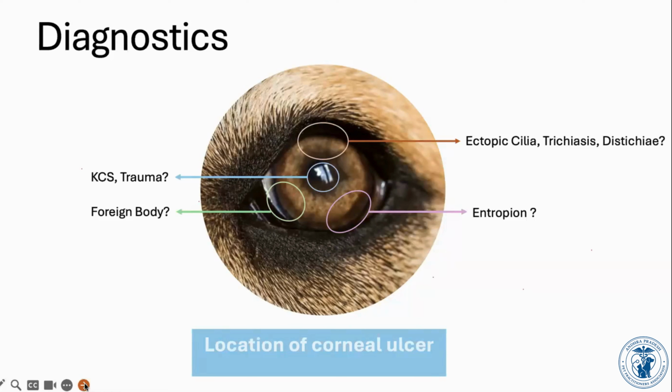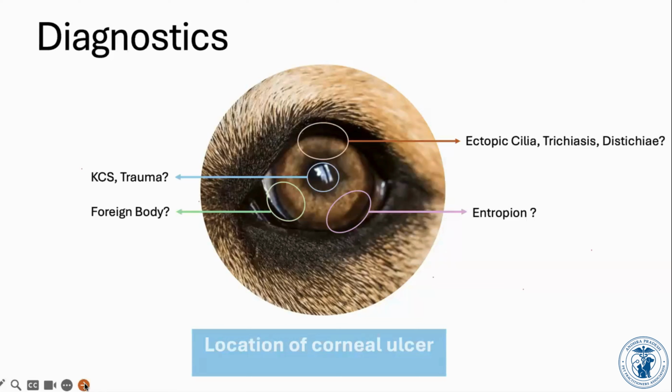If we are getting an ulcer on the lower lateral aspect, we should check for entropion, because at this place pets are likely to get entropion, and the periocular hair keeps on rubbing the cornea and irritating it, leading to the ulcer.